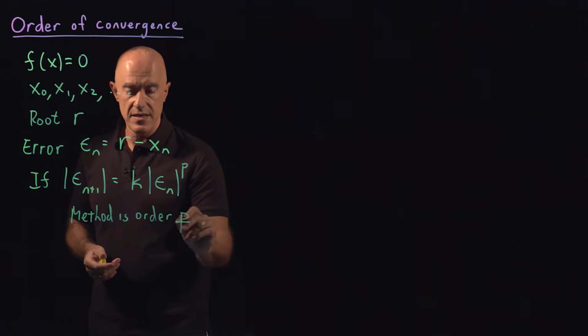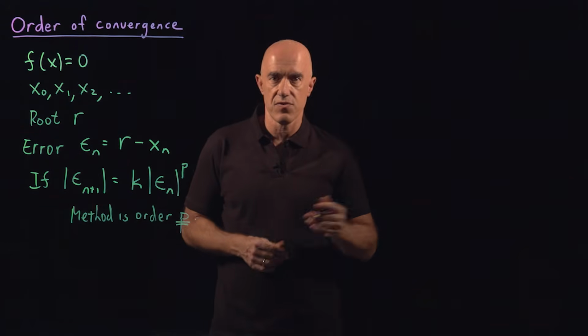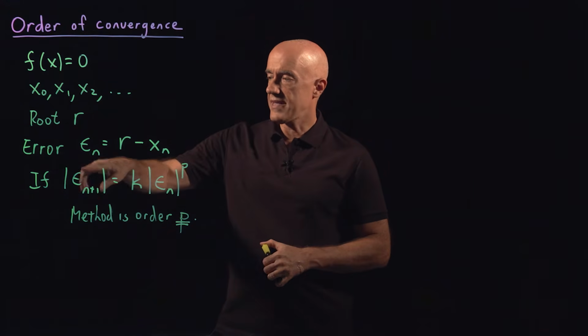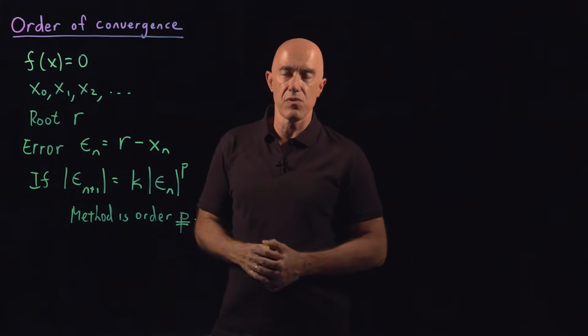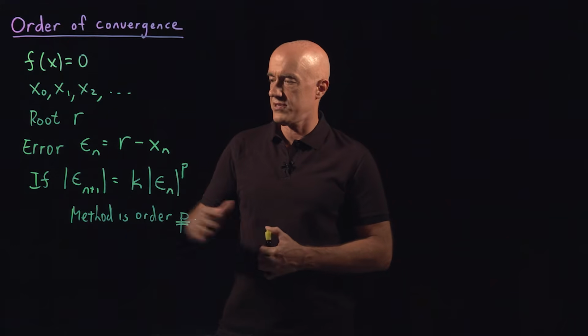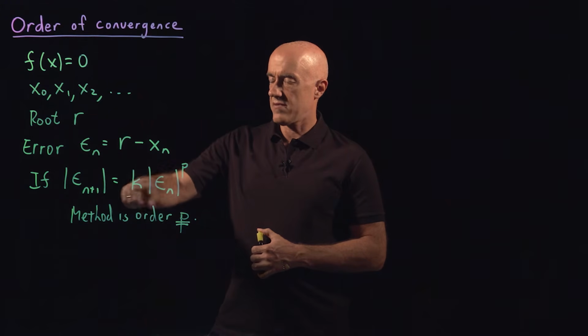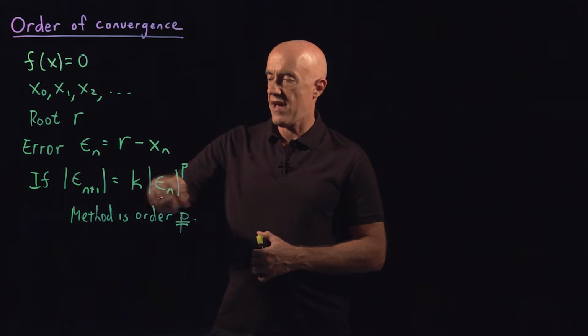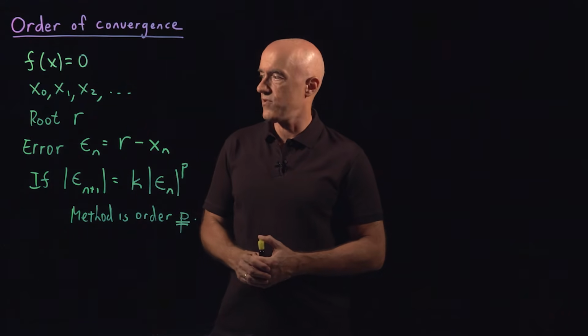So p then is the order of convergence of the method. These errors are getting smaller and smaller, closer and closer to 0, so if p is a larger value, then you will have faster and faster convergence.